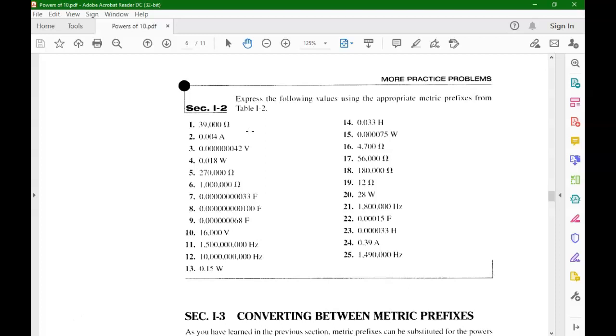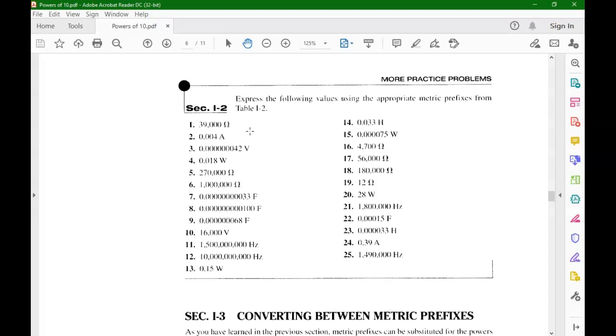Because a lot of the numbers we're going to work with aren't going to come in decimal format. They're going to be things like 22 kiloohms.